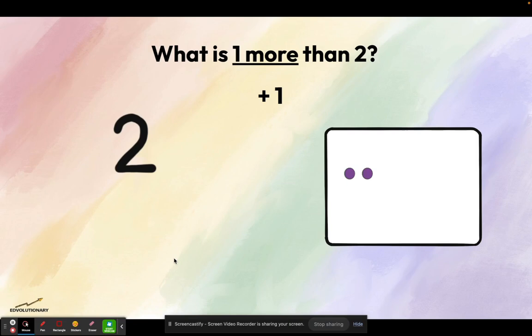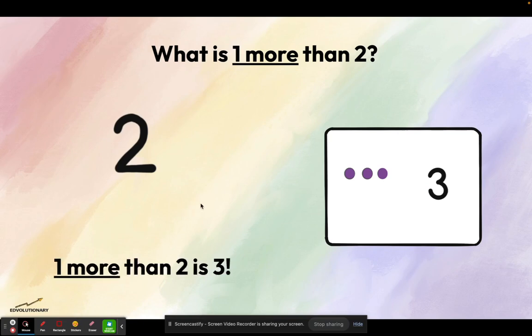Remember, one more means we're adding 1. So, let's go ahead and do that. All right, and think about it. How many are there? 3. So 1 more than 2 is 3. So for the rest of this day, you're going to have that, and then the last couple will remove the dot scaffolds and have students do it without your support.